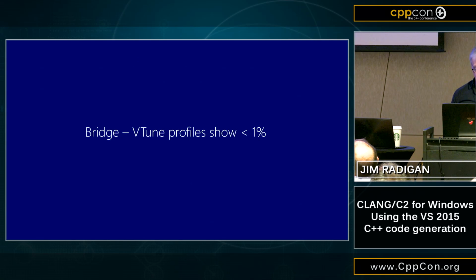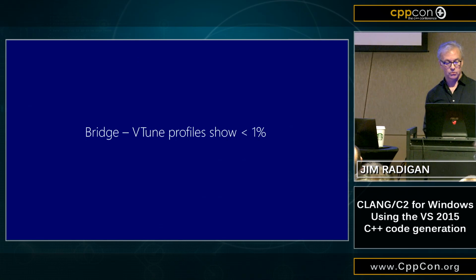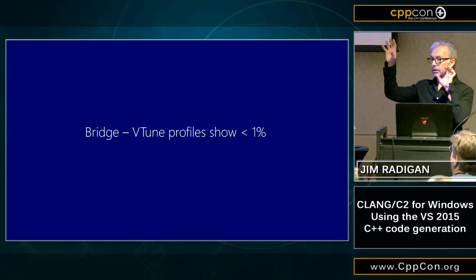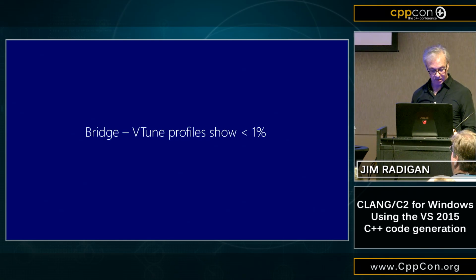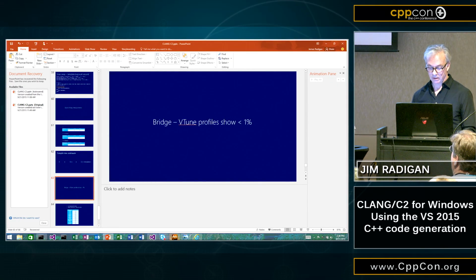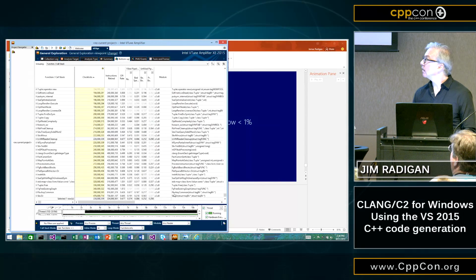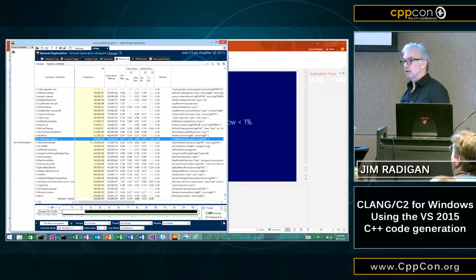So what's really cool is if you look at the bridge itself, where we convert LLVM to our IR tuples in C2. Here's a VTune profile. It's not until you get down here in a profile that you can actually begin to see the bridge itself after we read.